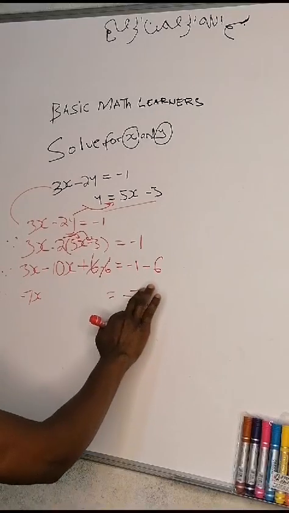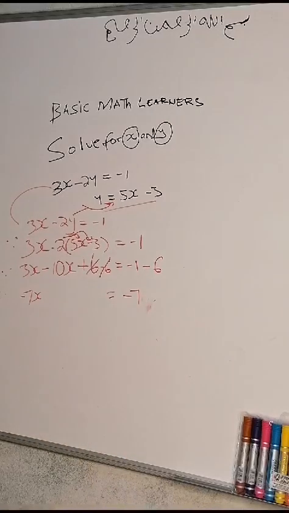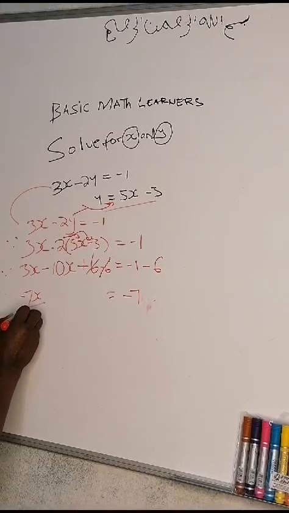Now, I have got my x here, and I see the x has got a coefficient of minus 7. And this minus 7 is joined to x by multiplication. And I must get rid of this coefficient. How? Yes, do the opposite operation. The opposite operation of multiplication is division. Therefore, I need to divide by minus 7.